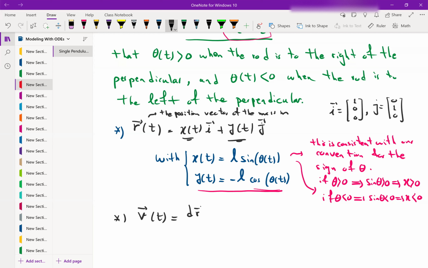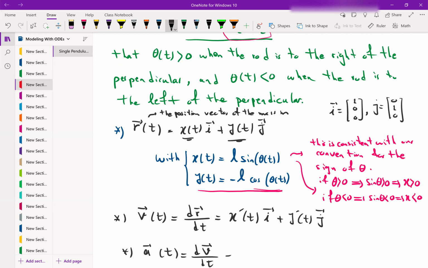This is dr/dt, which will be equal to x prime of t i plus y prime of t j. And then what will be the acceleration vector? The acceleration vector, that is the derivative of the velocity vector with respect to time, which will be x double prime of t i plus y double prime of t j.